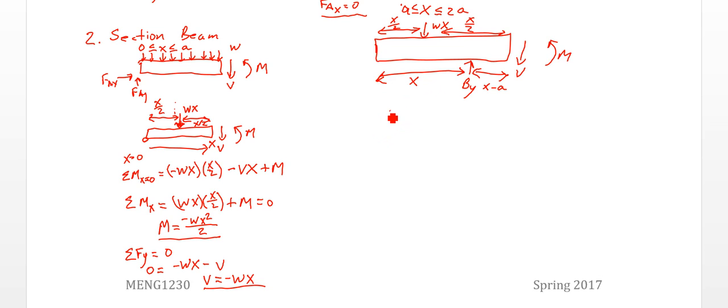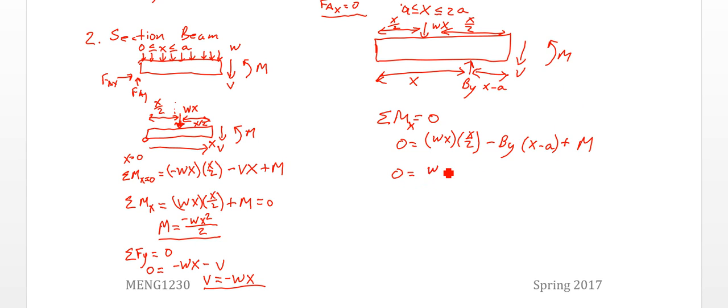So in this case, my moments again, I'm going to add those up to 0. If I take the sum of the moments at x equals 0, so looking at this point, I'm going to have a positive 0 equals Wx times x over 2. That's causing a counterclockwise rotation. And then I'm going to have a negative By times x minus A, so it's operating at this point, plus my moment at the end.